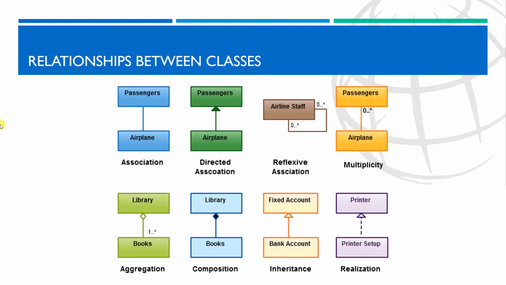And similar to inheritance, we have realization, which denotes the implementation of the functionality defined in one class by another class. To show the relationship in UML, a broken line with an unfilled solid arrowhead is drawn from the class that implements the function to the class that defines the functionality.